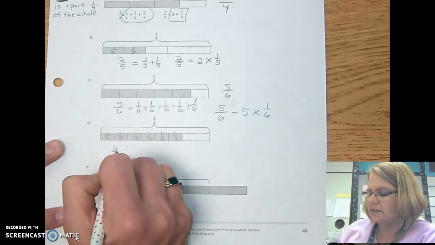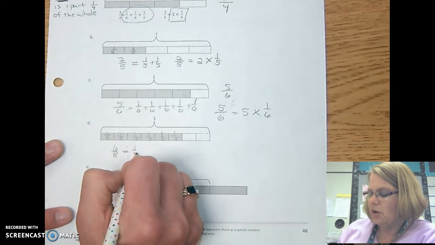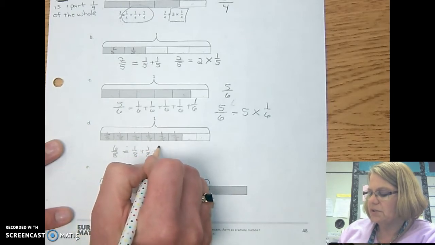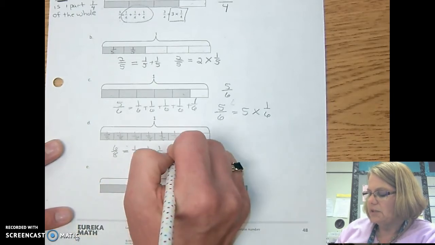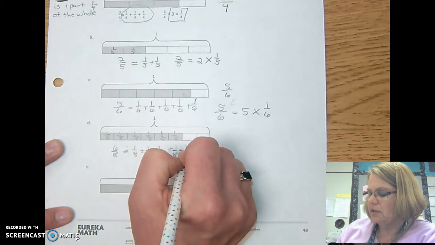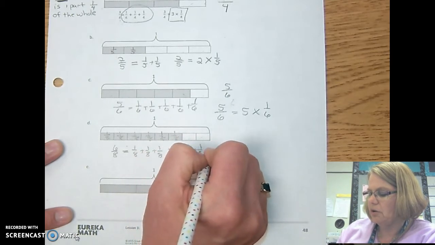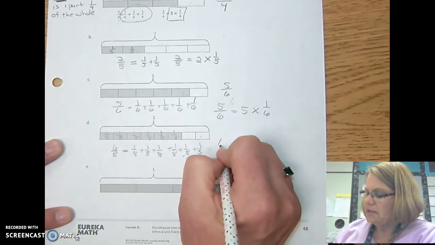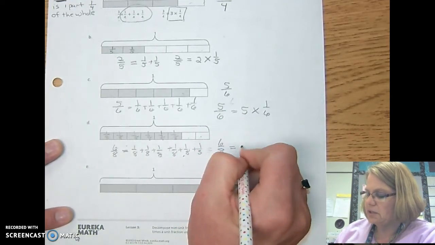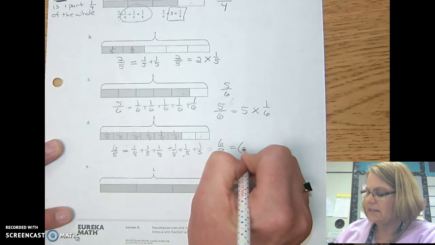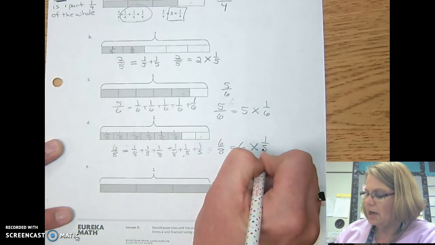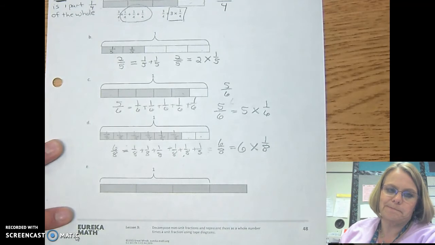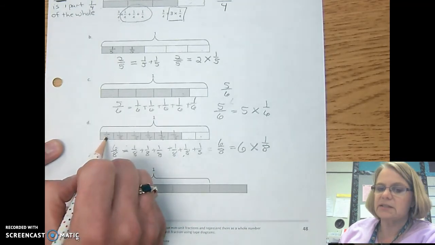So 6/8 equals 1/8 plus 1/8 plus 1/8 plus 1/8 plus 1/8 plus 1/8, or we can say 6/8 equals 6 times 1/8. So 6 of these makes 6/8.